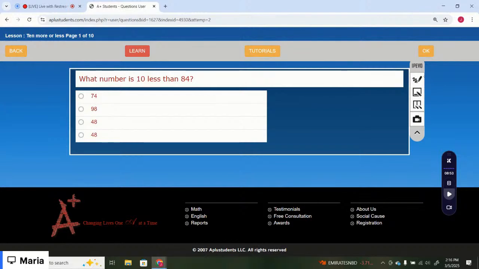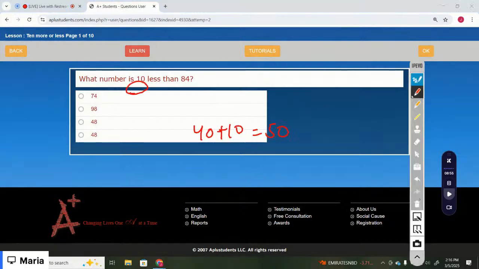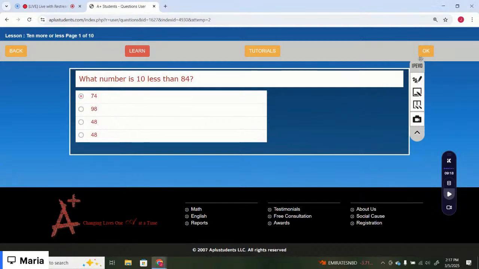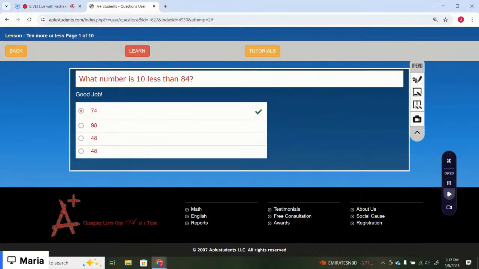So you have 10 less than 84. That means you need to subtract 10 from 84. So 4 minus 0 is 4 and 8 minus 1 is 7. So that makes 74. Option number 1 is the correct option.